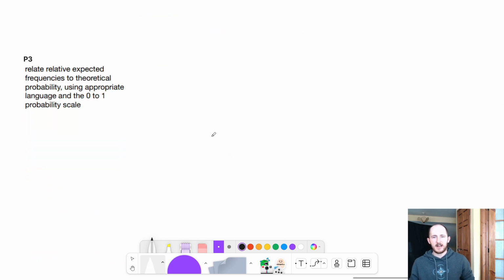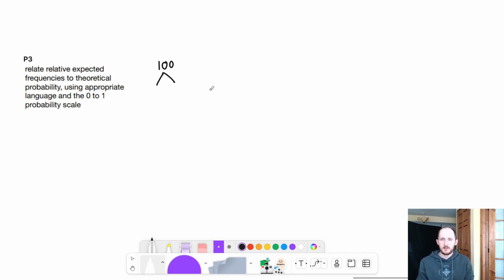You should also relate relative expected frequencies to theoretical probability. So theoretical probability would be, when I flip a coin, the theoretical probability of me getting a head is 0.5 and the theoretical probability of me getting a tail is 0.5. Now, if I flip a coin 100 times, theoretically I get 50-50.